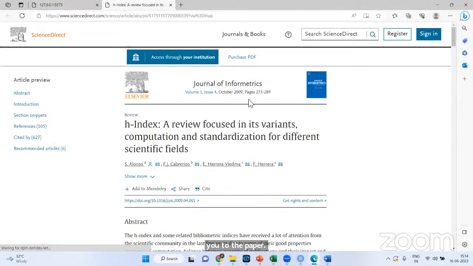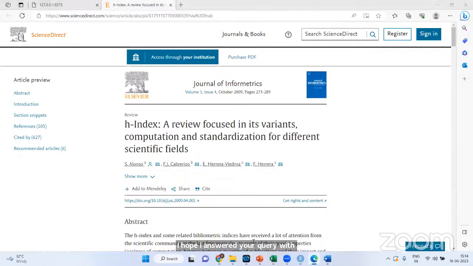I hope I have answered your query, Vidisha. It will take you directly there. And if it is possible, you can download the paper.